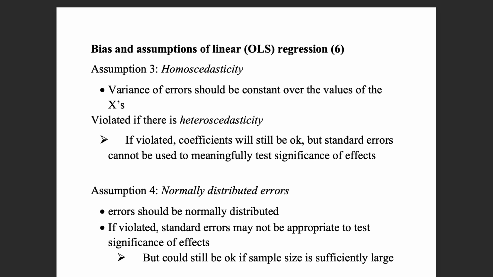Yeah, and so especially if you have super large data sets, then you might not be so worried about the normally distributed errors, although you might still think, well, conceptually it's weird to use one standard error to say something about the uncertainty of your coefficient if the distribution of errors is not homoscedastic, so if it has heteroscedasticity.